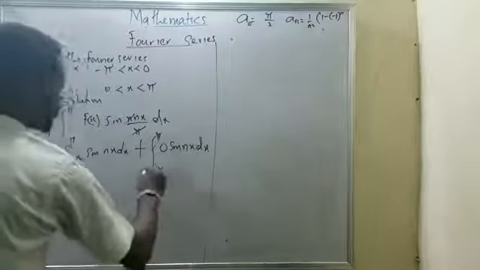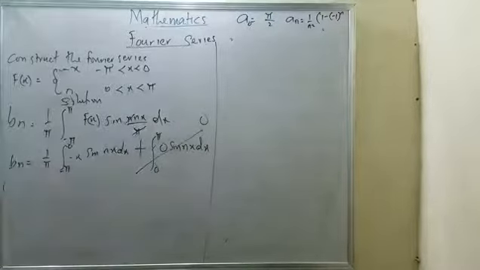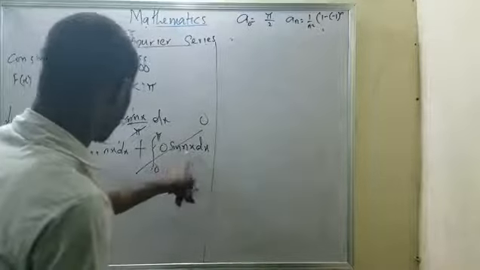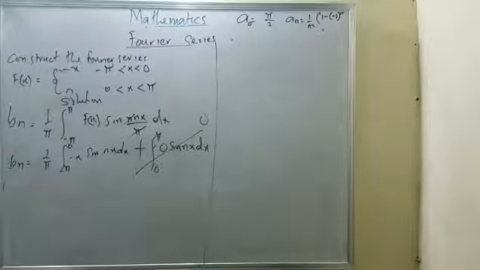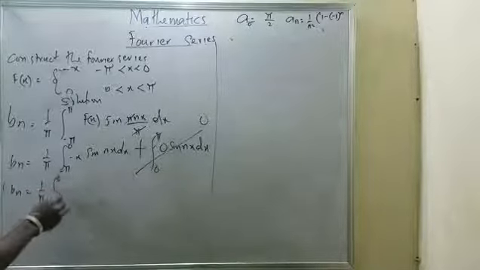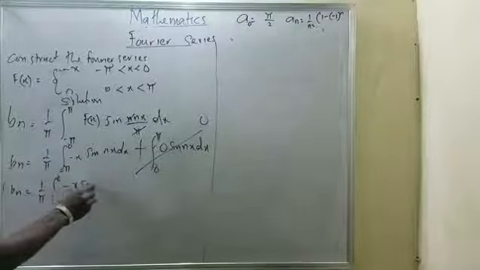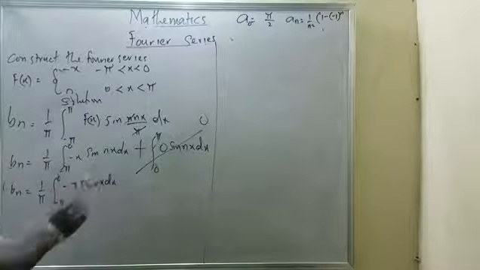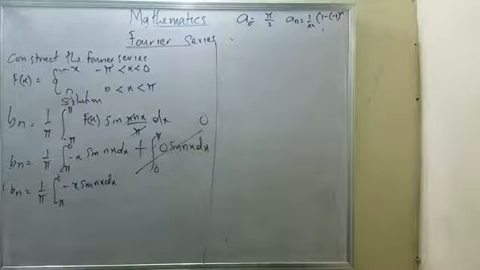Normally this one will be coming to nothing, which is 0, because 0 multiplied by everything becomes 0. Now I can continue by having b of n equals 1 all over pi integral from minus pi to 0 of minus x sine nx dx. Since I have this, I'm good to go.